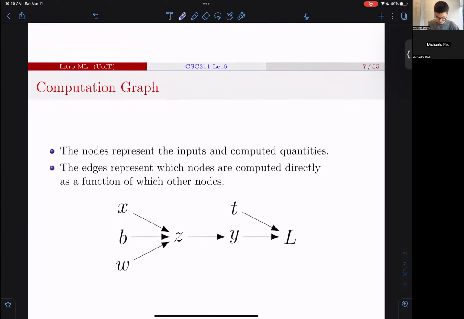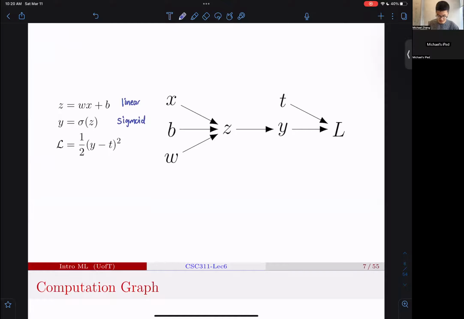So in the case above, you can see that z is a function of w, x, and b, and then y is a function of z, and L is a function of y and t. So in general, when we're dealing with functions in this class, we'll have directed acyclic graphs, which means there are no cycles, and that's important when we talk about backpropagation.